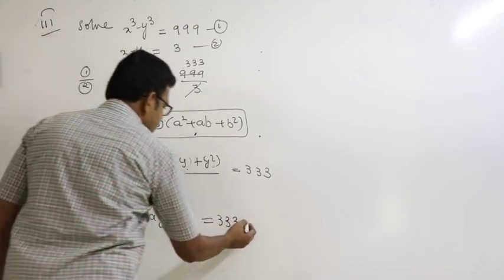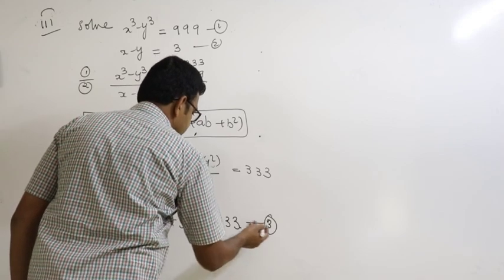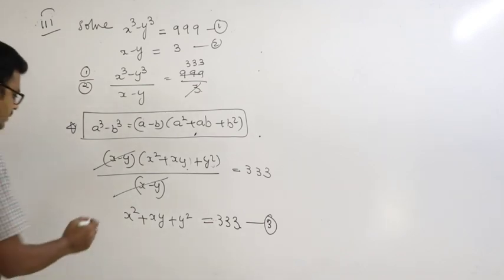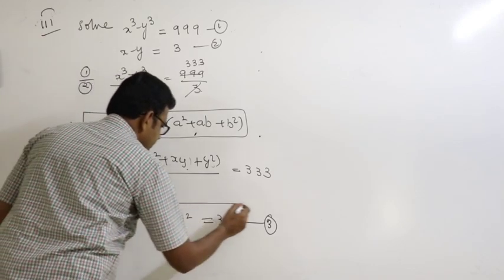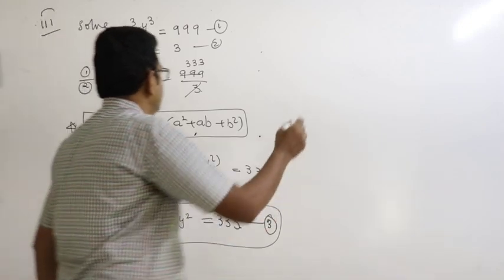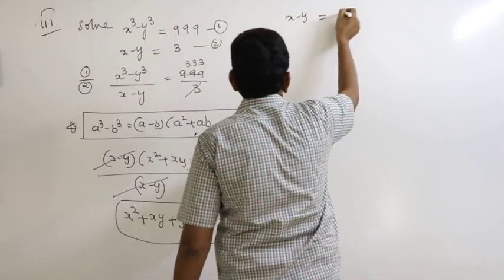So this is one equation, called the third one. And x minus y is equal to 3.